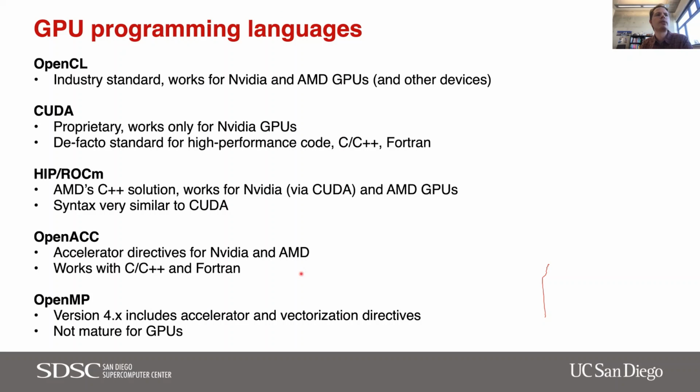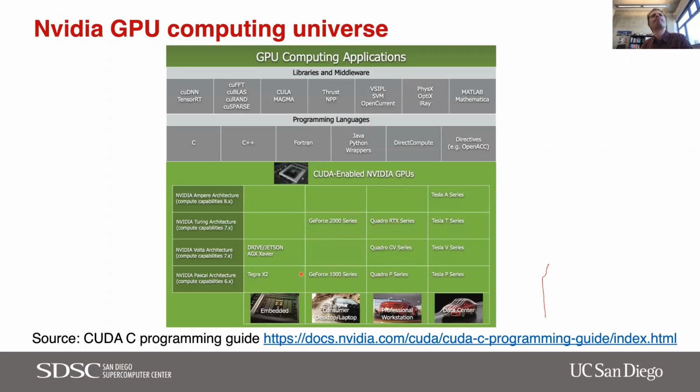Next slide. So let's talk about the NVIDIA GPU computing universe. First of all, there are many high quality libraries available: deep learning libraries, fast Fourier transforms, linear algebra, random number generators, sparse linear algebra, et cetera.